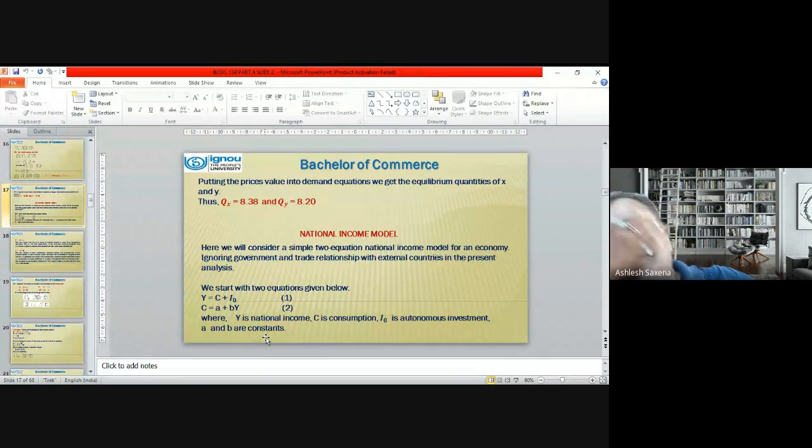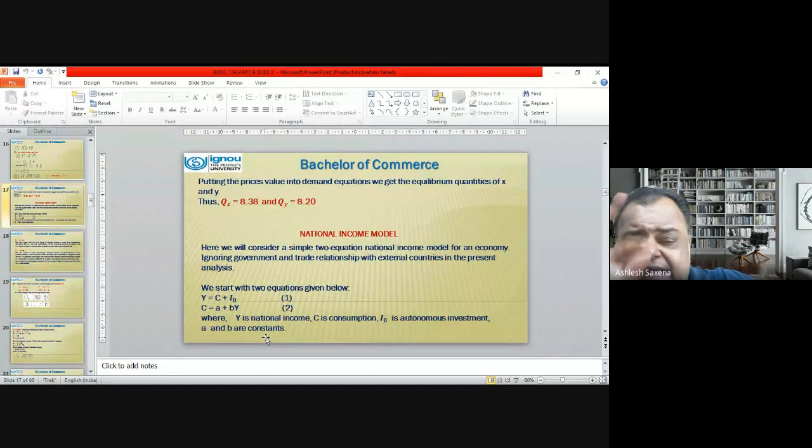Now, the second model is your national income model. Here, we will consider a simple two equation national income model for an economy, ignoring government and trade relationships with external countries in the present analysis.